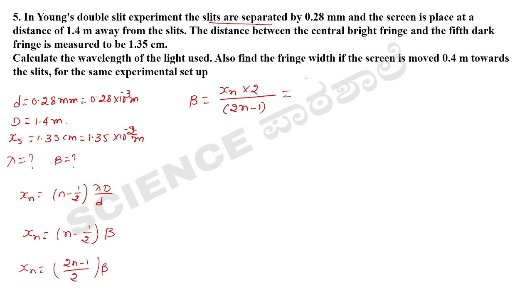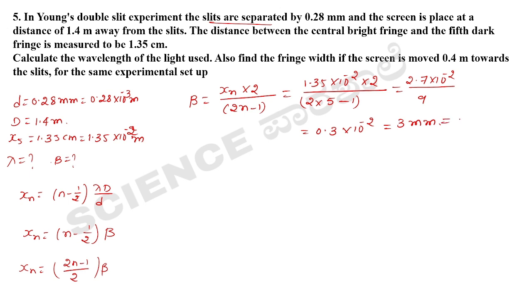What is xn? 1.35 into 10 raised to minus 2 into 2 divided by, what is 2n minus 1? n is 5 because fifth dark fringe. So 5 into 2 is equal to 10, 10 minus 1 is 9. Okay, so if you do this, 2.7 into 10 raised to minus 2 by 9. So if you do this, you will get 0.3 into 10 raised to minus 2 is equal to 3 mm. This is equal to beta 1.